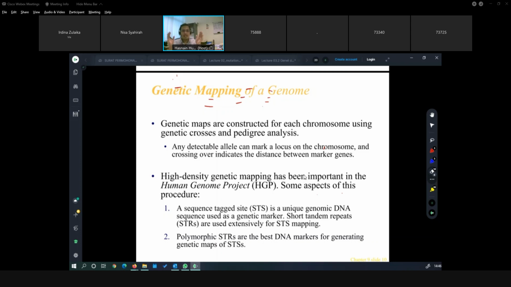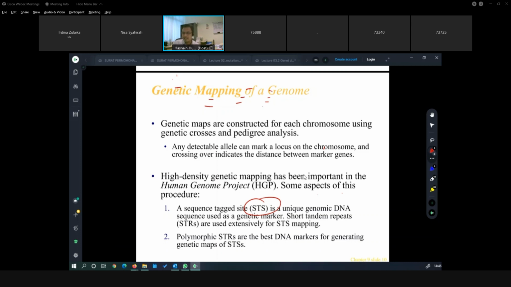But in some areas, we don't have the full information, but we have a smaller, shorter sequence information. Similar to the concept I drew just now, it is called sequence tag site, or STS. So those are also markers.